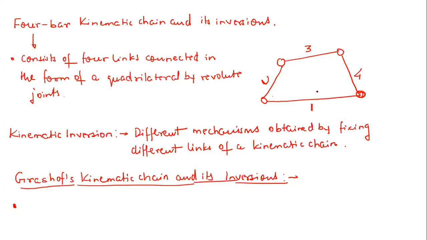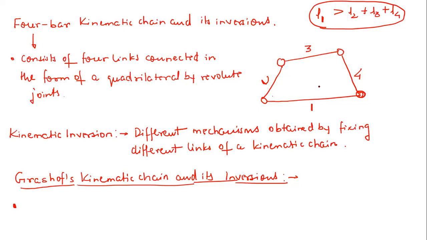Let me ask you, if the length of link 1 is greater than the length of link 2 plus link 3 plus link 4, will it be possible to form a 4-bar chain? Just think about it. No, sir, it will not be possible.